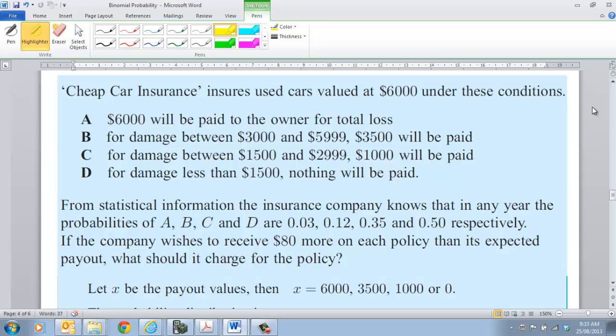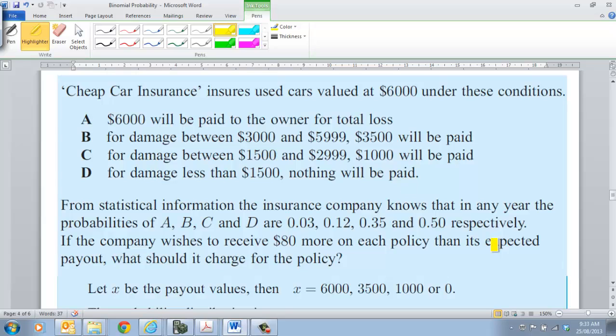For damage between $3,000 and $6,000, $3,500 will be paid. For damages between $1,500 and $3,000, $1,000 will be paid. And for damages less than $1,500, nothing will be paid at all.